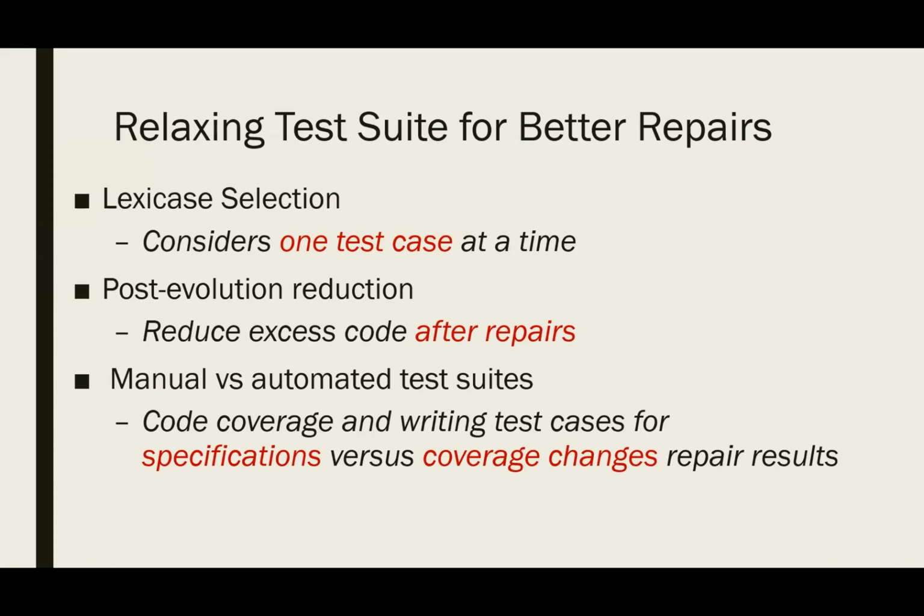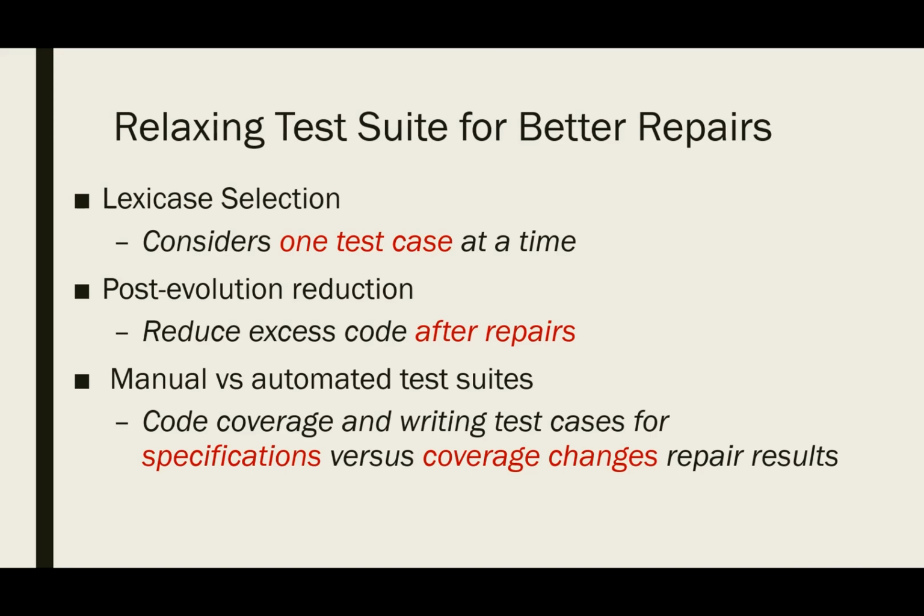They've also used things like lexicase selection, which considers one test case at a time. They may want to just use some test cases and at the end just reduce the excess code that's created from the repair, or people have looked at manual versus automated test suites.